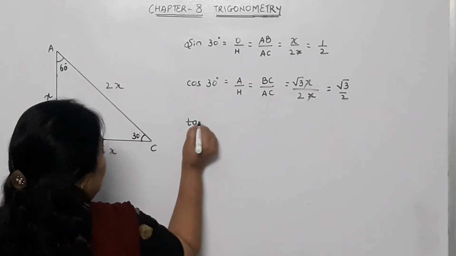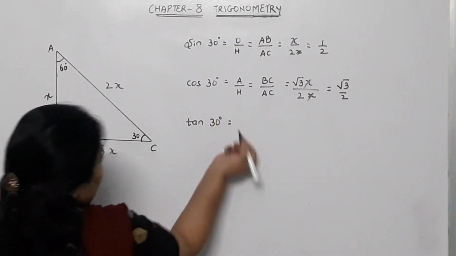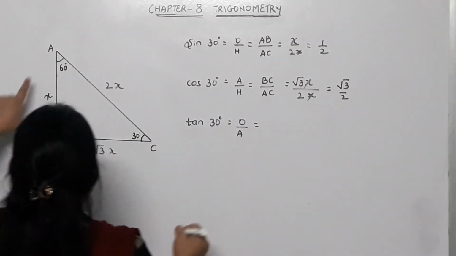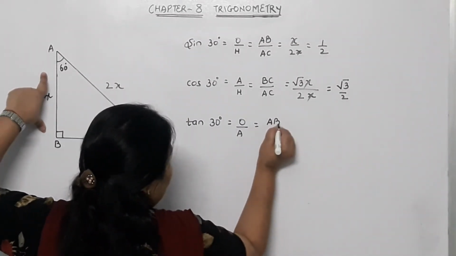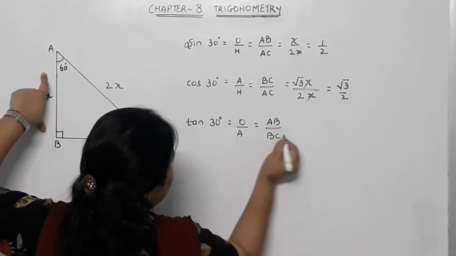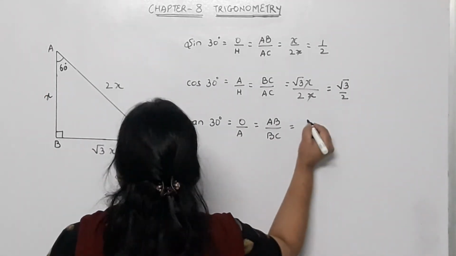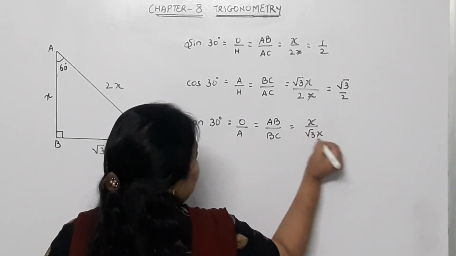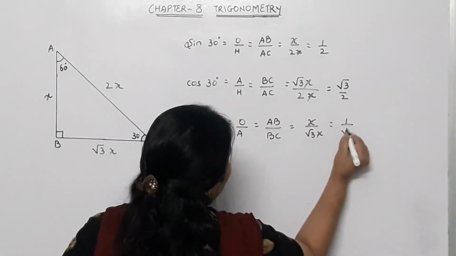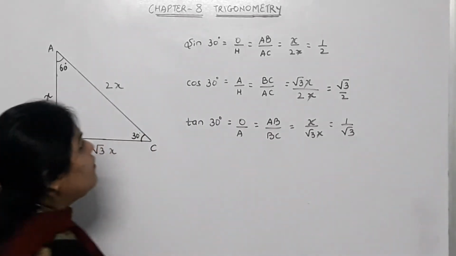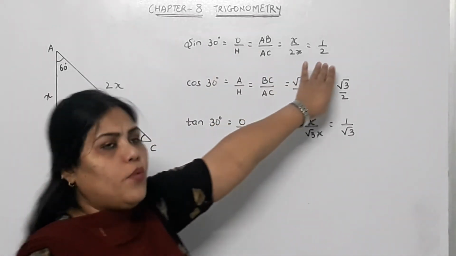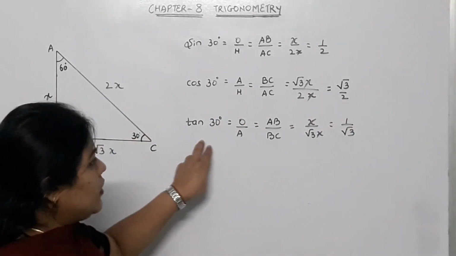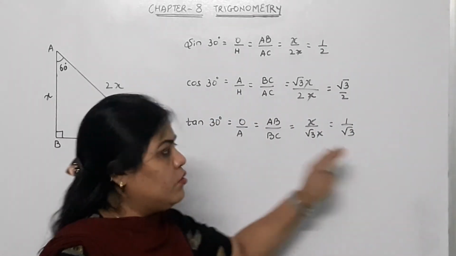Then tan 30. Tan 30 is opposite upon adjacent, and the opposite side is AB and the adjacent side is BC. So it will be x upon root 3x. X and x will be cancelled. 1 upon root 3. So we have sine 30 as 1 upon 2, cos 30 as root 3 upon 2 and tan 30 as 1 upon root 3.